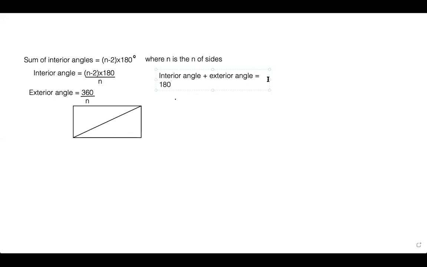If you're given a question talking about the number of sides, you can first substitute in the earlier equation of exterior angle equals 360 over n and find the exterior angle. When you find the exterior angle, you can substitute in the latter equation, interior angle plus exterior angle equals 180.